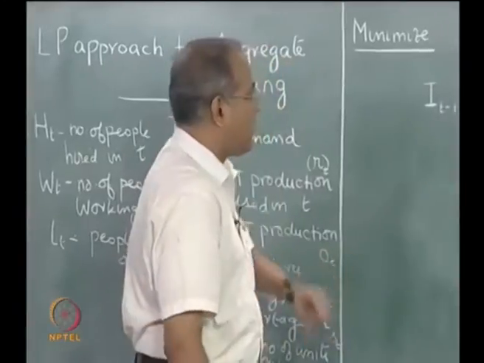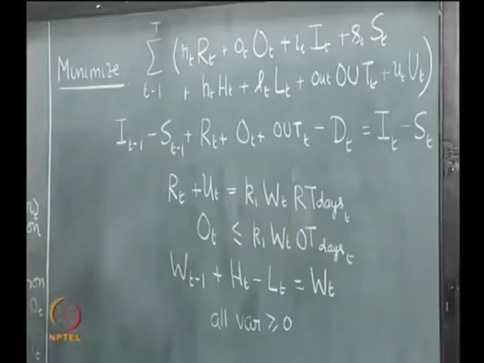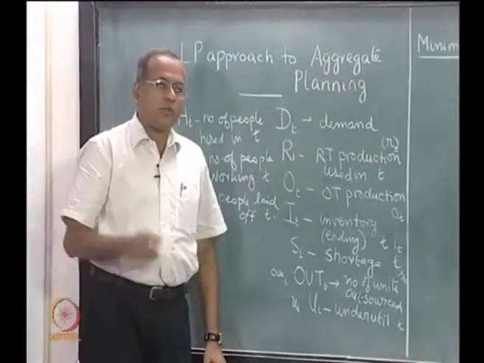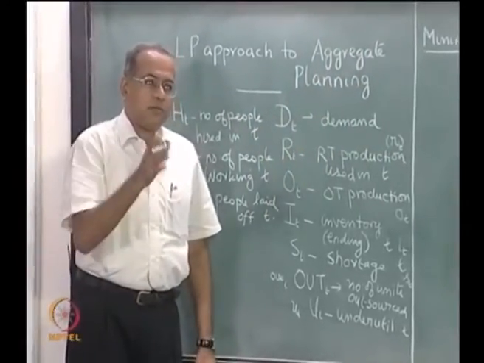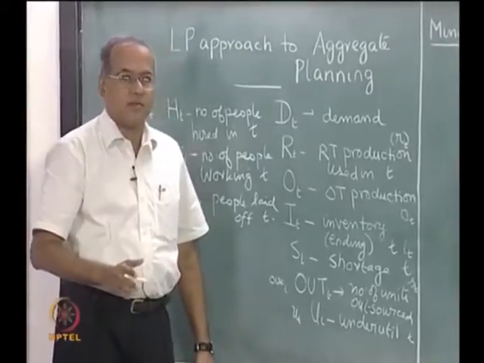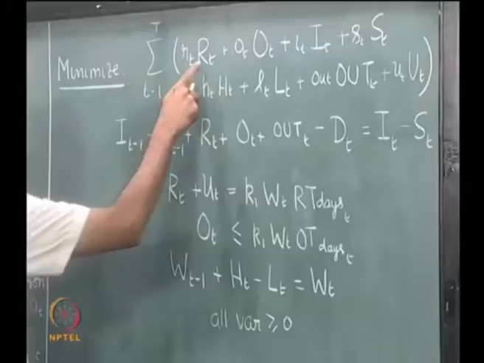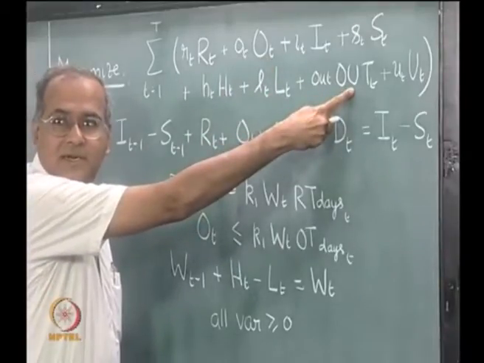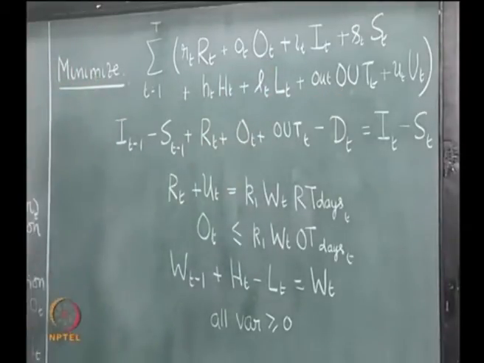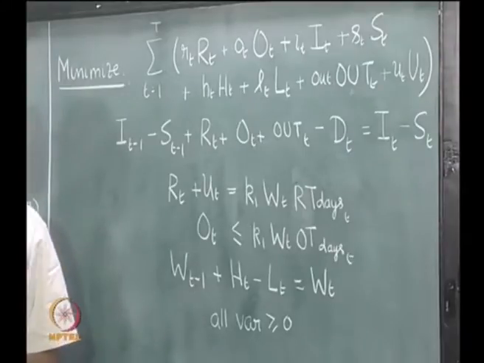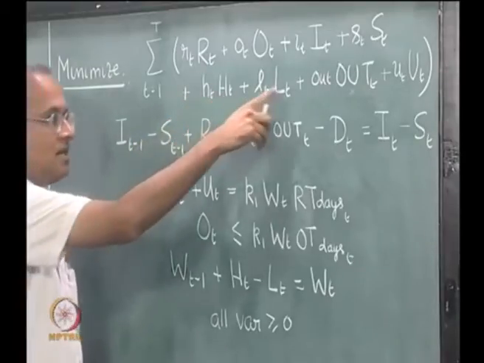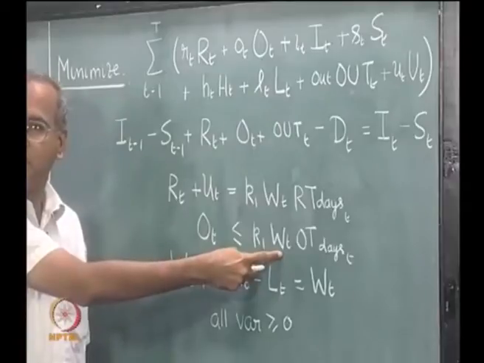Here the decision variables are many of them, but in an evaluative model, when you make a decision for total production, you are actually making decisions for RT, OT as well as outsource of T. When we made a decision for Wt there, we automatically made decisions for Ht, Lt and Wt.